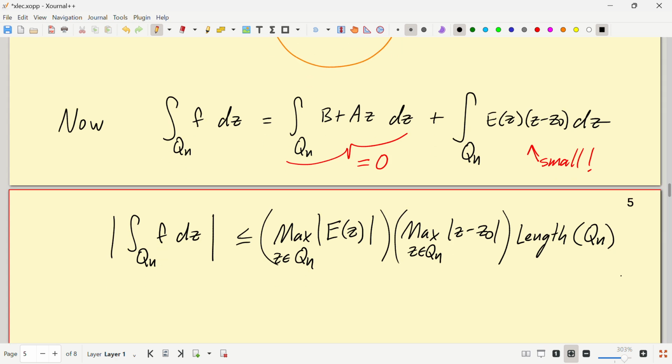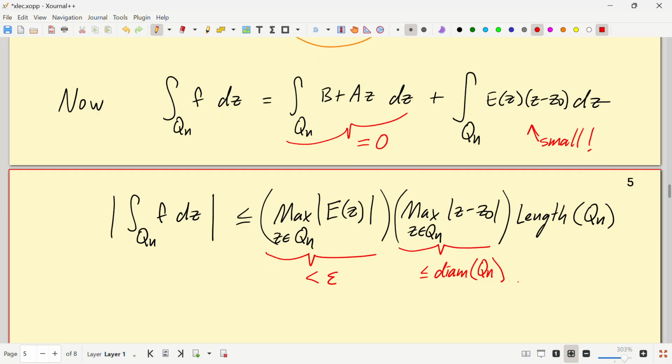Okay, so we know that the E is less than or equal to epsilon. In fact, it's less than epsilon. This max is less than or equal to the diameter of the Q sub n. And this is the length of the Q sub n. So think about the triangles. Every time I cut them in half.